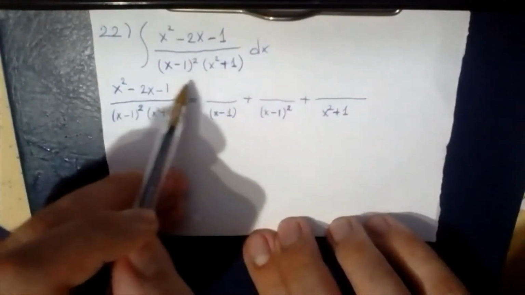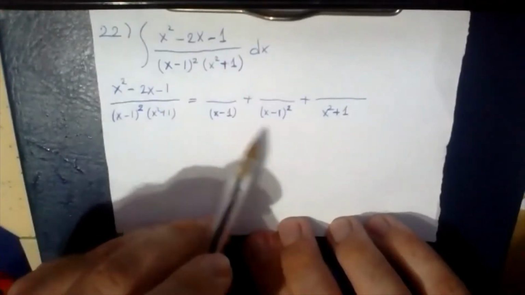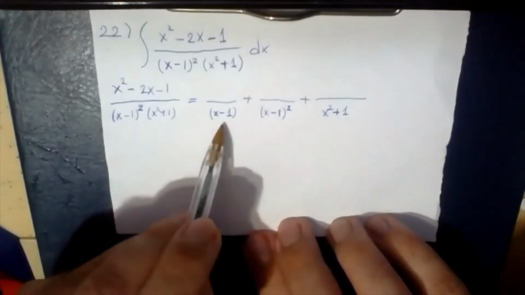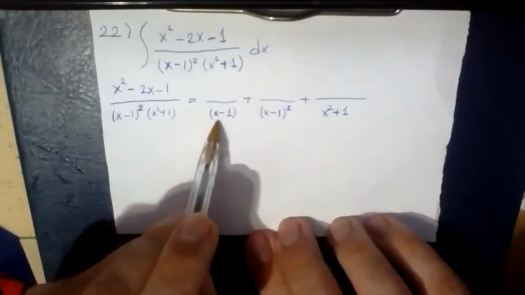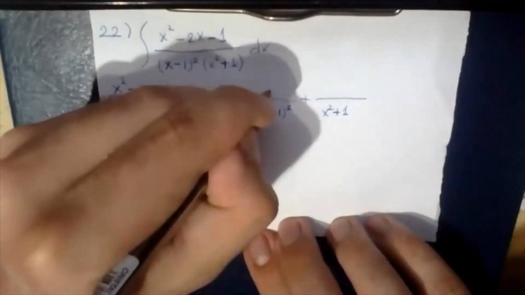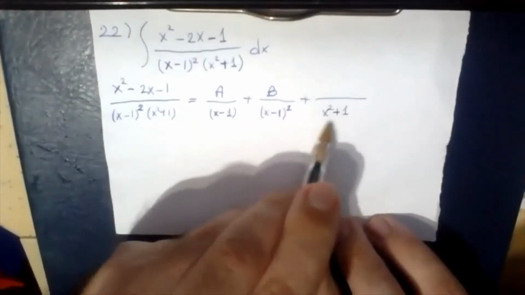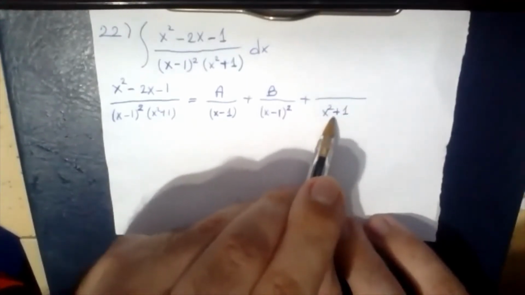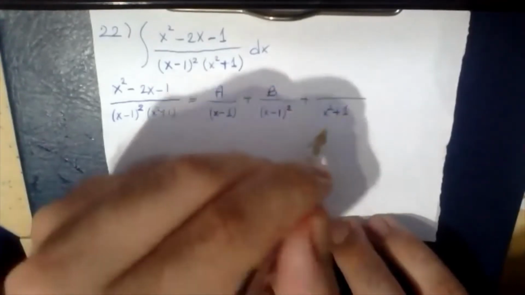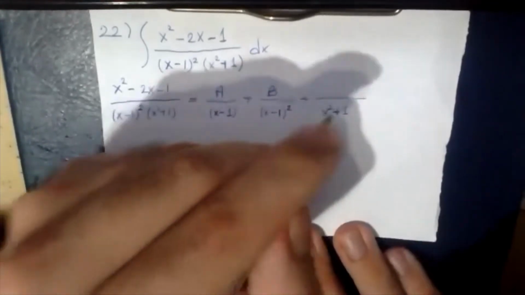By the way, x squared plus 1 is irreducible. We cannot factorize it anymore. So it will be a polynomial with degree 2. Then, since x minus 1 is degree 1, the numerators here will be only constant numbers. But since x squared plus 1 is degree 2, the numerator should be a general polynomial with degree 1. So it will be cx plus d.